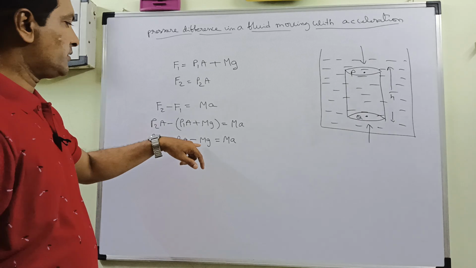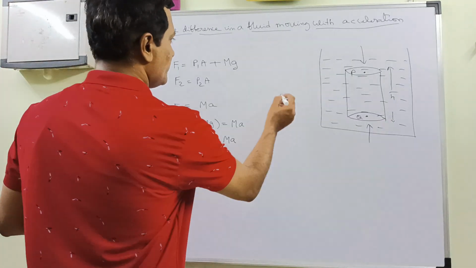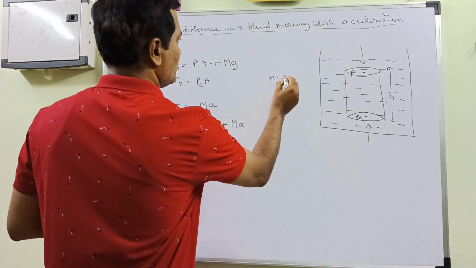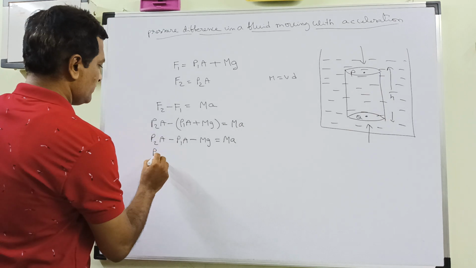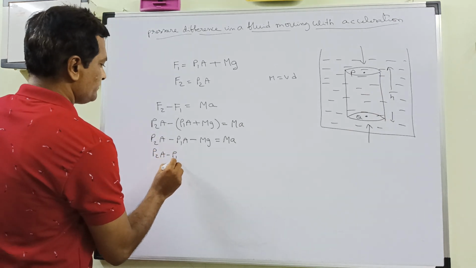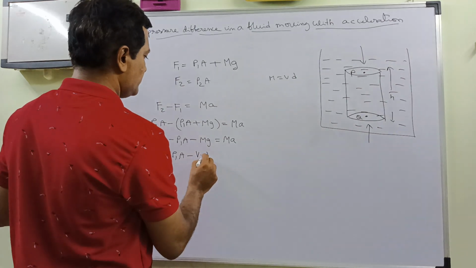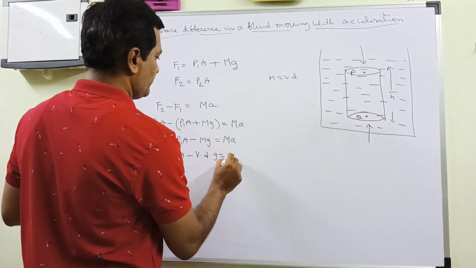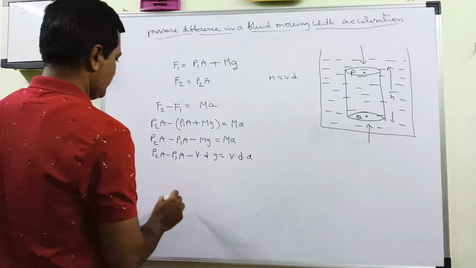Here we know that mass is equal to volume into density. So we can write mass as volume into density, so mg is volume into density into gravity, and ma is volume into density into acceleration.